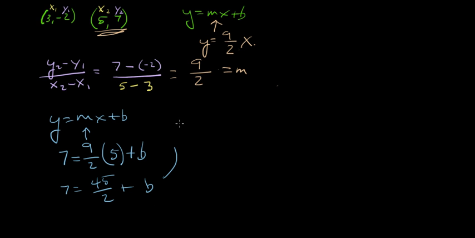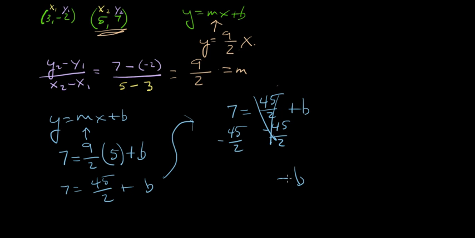I'm going to move this up here so I've got some room to work. 7 equals 45/2 plus b. I'm just going to subtract 45 over 2 from both sides. And of course that gets rid of this. So I've got b by itself, which is what I was looking for. I want b all by itself.